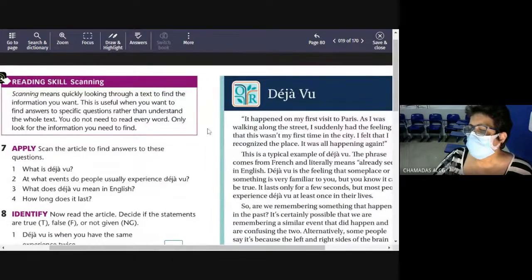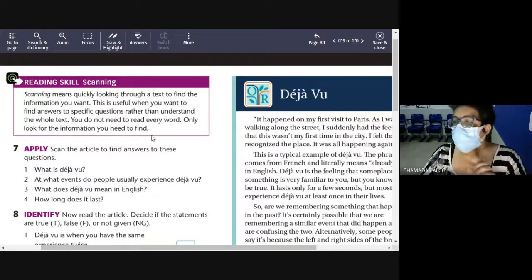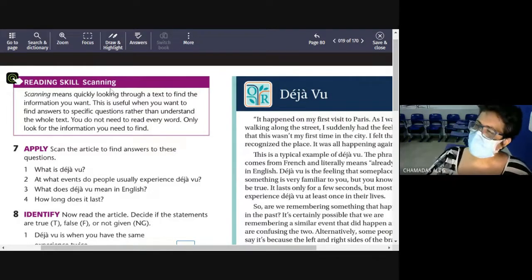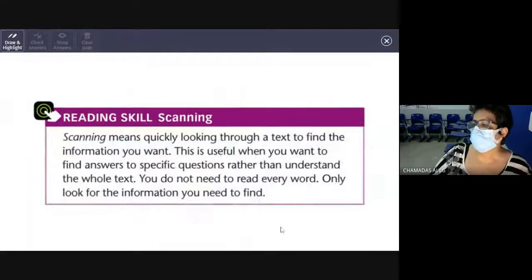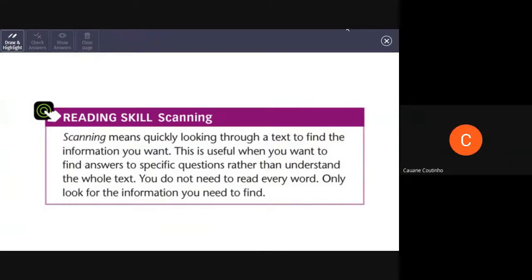Let's take a look here on page 19. The first part of the page, they give us a reading tip. They talk about scanning. Do you know what scanning is? Do you know the meaning of scanning? What is scanning? Who knows? I know.